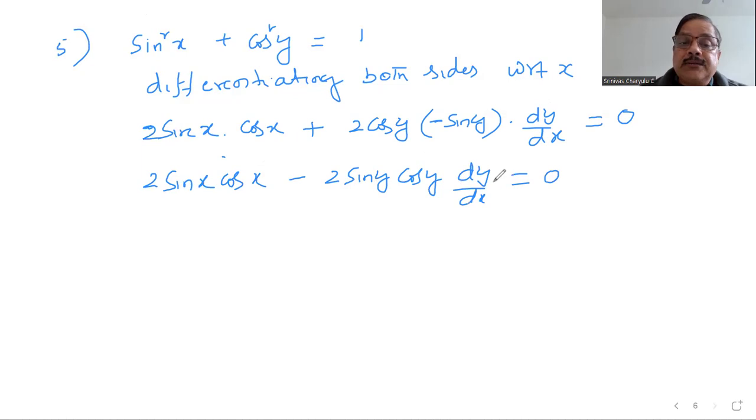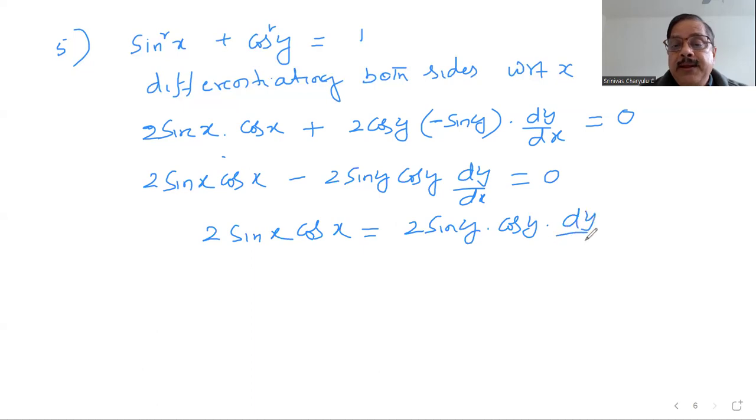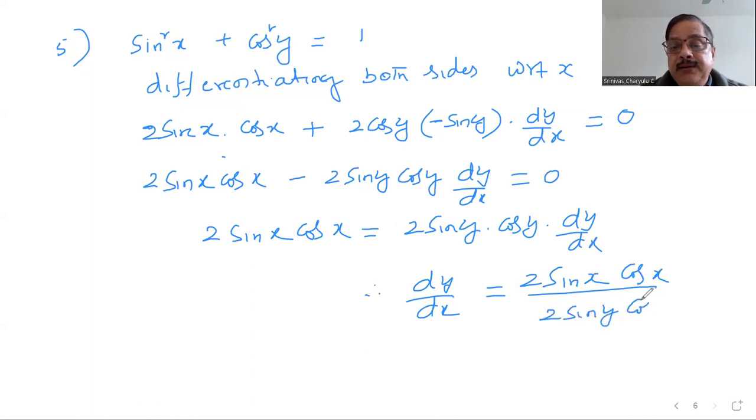Take this 2 sin y cos y to that side, retain this here. 2 sin x cos x is equal to 2 sin y cos y dy by dx. Therefore, dy by dx is equal to 2 sin x cos x divided by 2 sin y cos y.